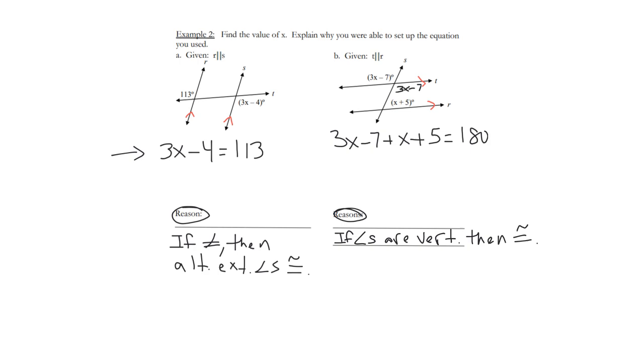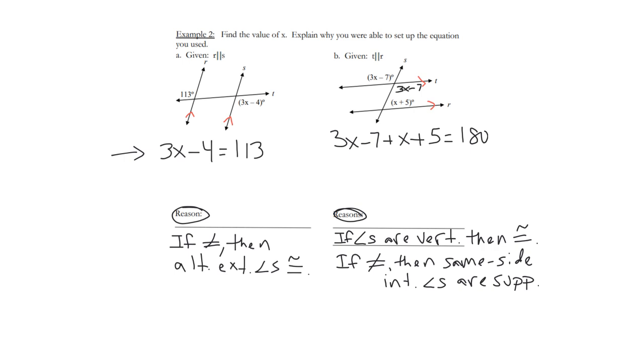The second reason we needed to use is if two lines are parallel and cut by a transversal, then same side interior angles are supplementary. We needed both of those reasons to end up writing this equation.